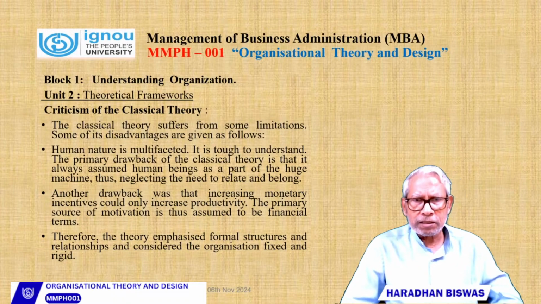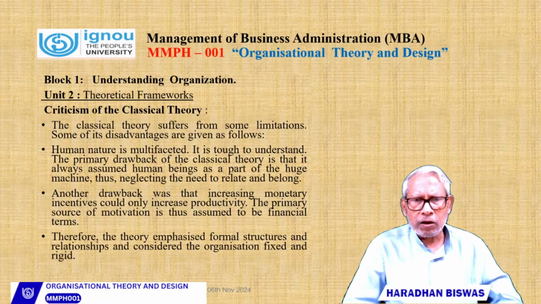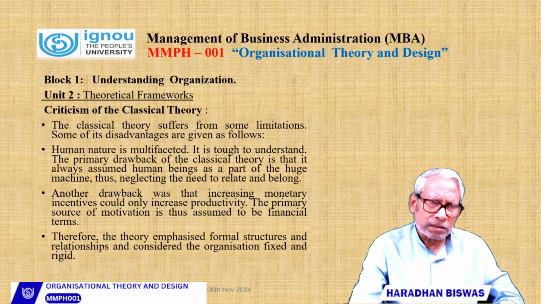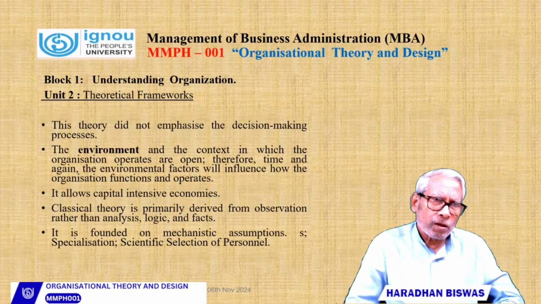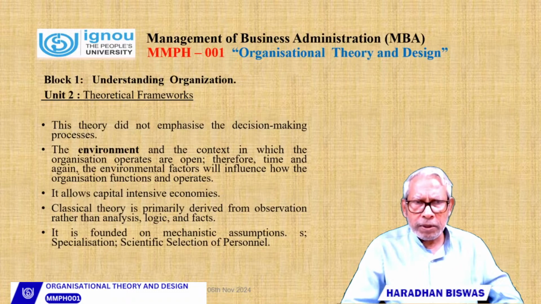Therefore, the theory emphasizes formal structures and relationships and considers the organization fixed and rigid. Some of the formal structures he has suggested. The theory did not emphasize the decision-making process. Now, environment is one of the points. The environment and context in which the organization operates are open.